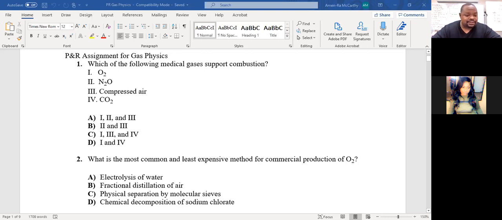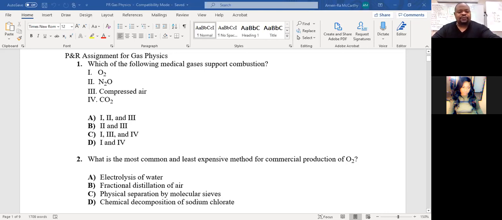So we have oxygen, right? Nitrous oxide and compressed air. And you will wonder, well, compressed air, that's room air, but room air is 21% oxygen, right? So room air or compressed air does have oxygen in it. All right, and anything with oxygen mixed to it or anything that has oxygen in it supports combustion, okay?